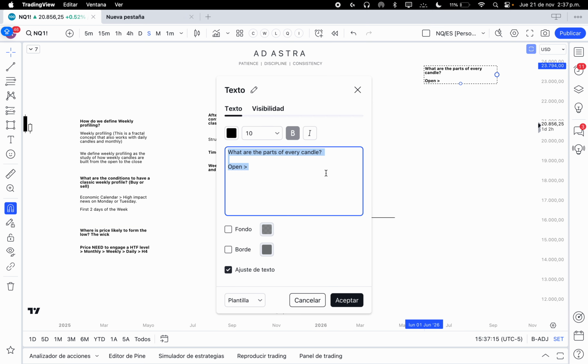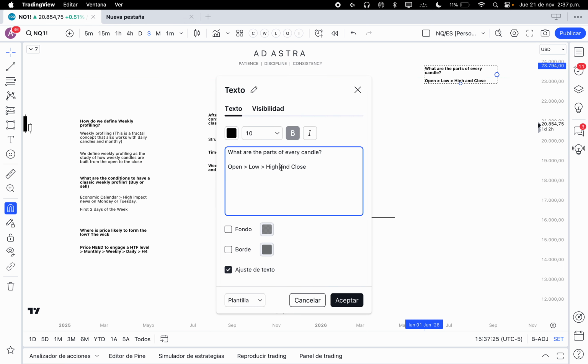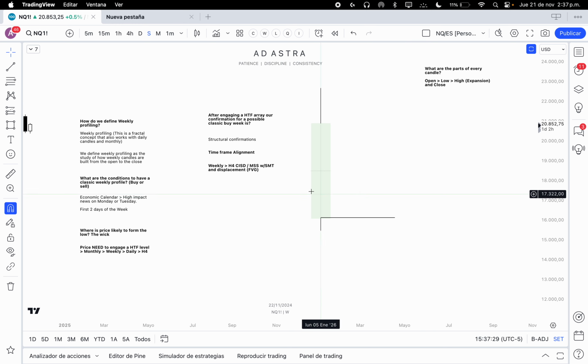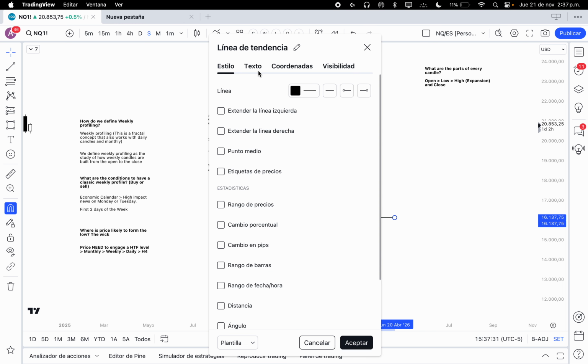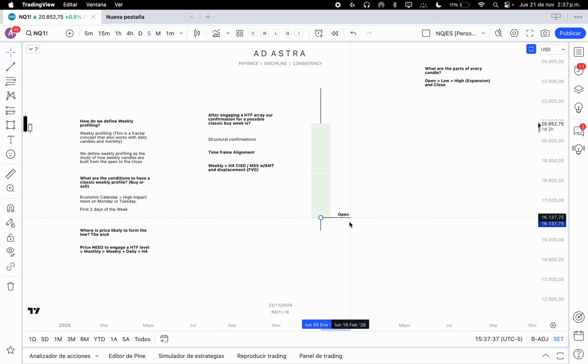We have open, we have low of the candle, and then we have high and close. High is in the form of expansion. Expansion. Okay, so we have open. Let me mark this out to the right.